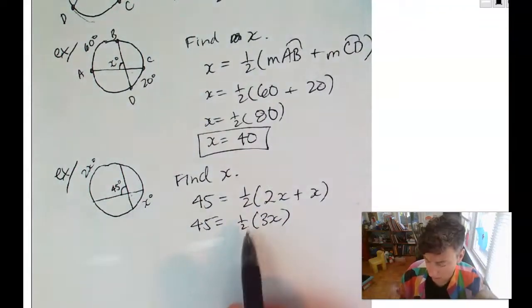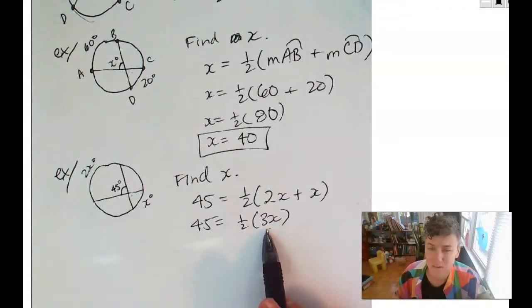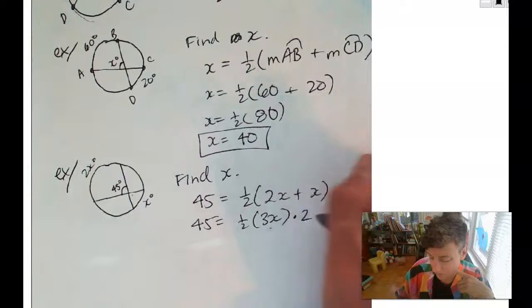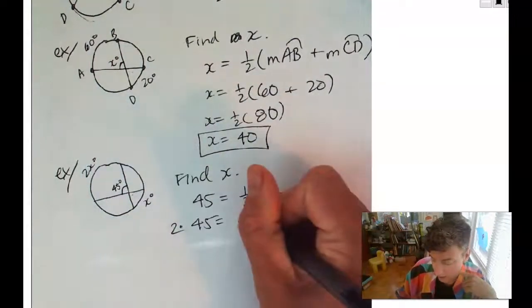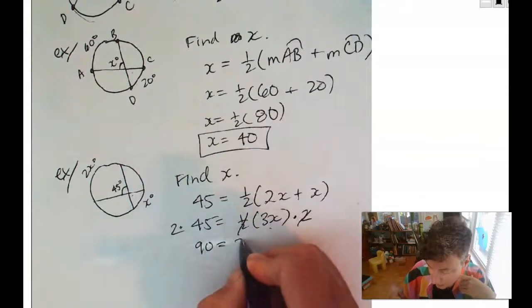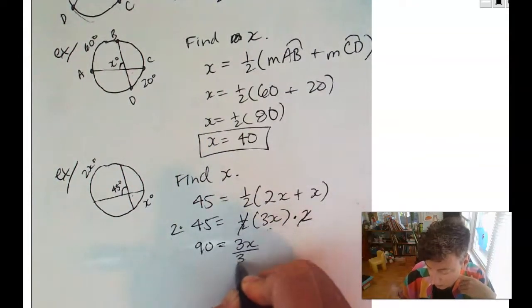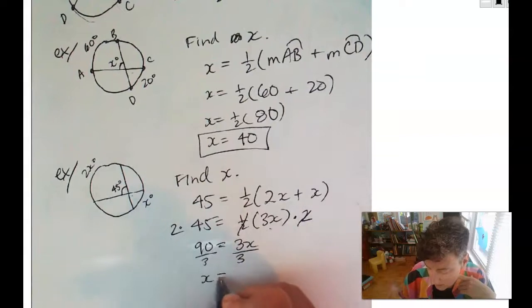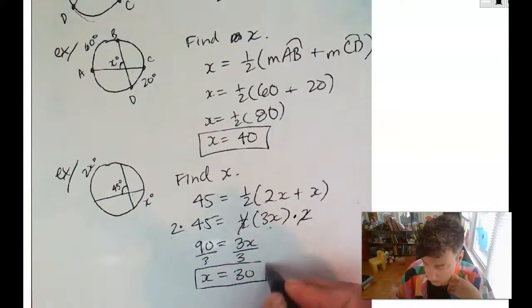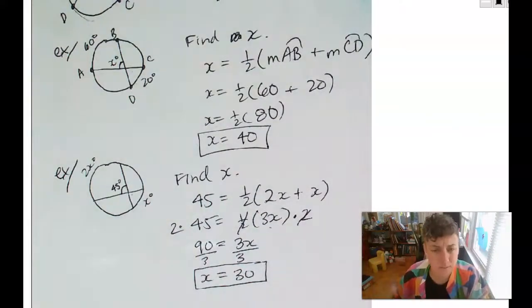We could do 1/2 times 3 and get 1.5, or we can multiply both sides by 2, which is what I'm going to do. Get rid of that fraction. 2 times 45 is 90 equals 3x. Divide by 3, and we get x equals 30. Très bien.